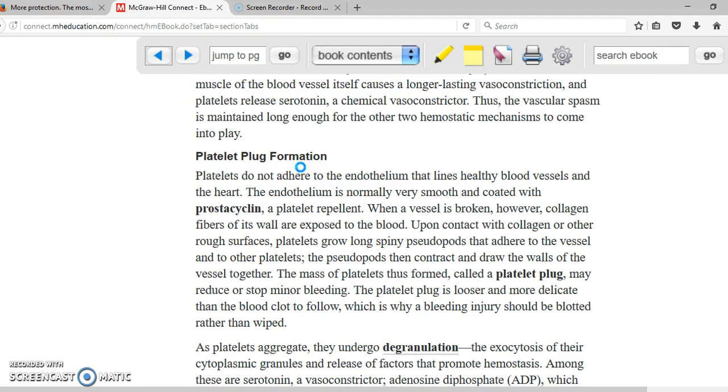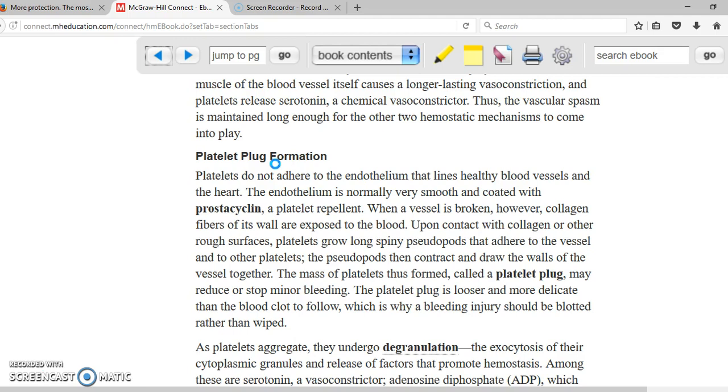And this collagen is the one that is going to trigger the adhesion, the attachment of the platelets to the walls of the blood vessel. Very important step in the adhesion of these platelets to the blood vessel is the presence of a substance called von Willebrand factor.